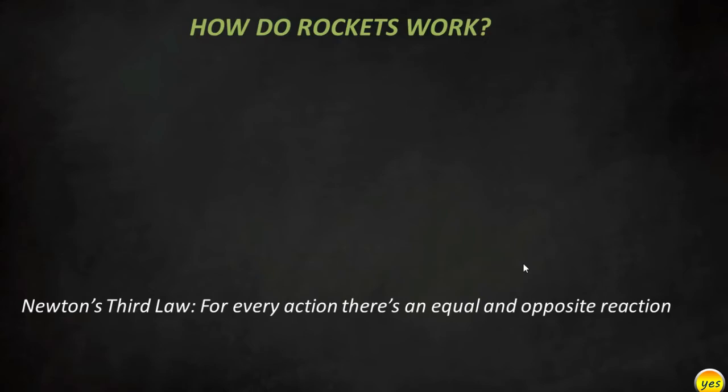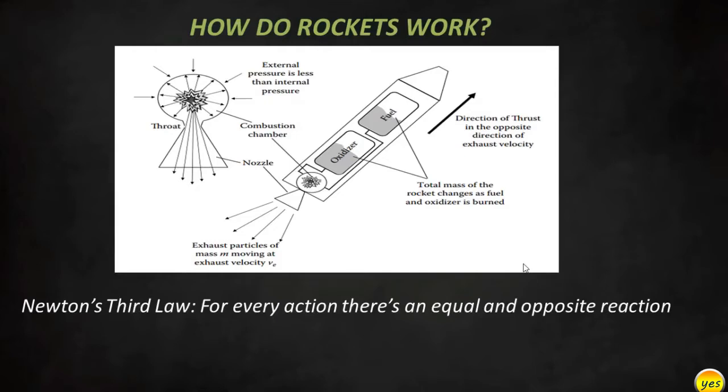How does that apply to rockets? Well, as I said in the previous video, if we consider a chemical rocket here, we're going to focus on chemical rockets and specifically on liquid fuel rocket engines. As we said in the previous videos, fuel and oxidizer are considered propellants.